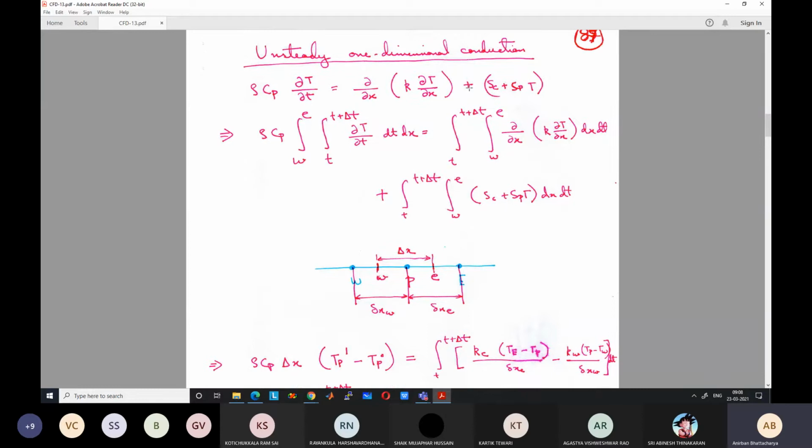Whether you want to calculate these diffusion and source terms with the new temperature value, or with the old temperature value, or with an average of new and old temperature value. That was our concern. So if we consider new, unknown temperature values for calculating these diffusion and source terms, then this leads to the fully implicit scheme.